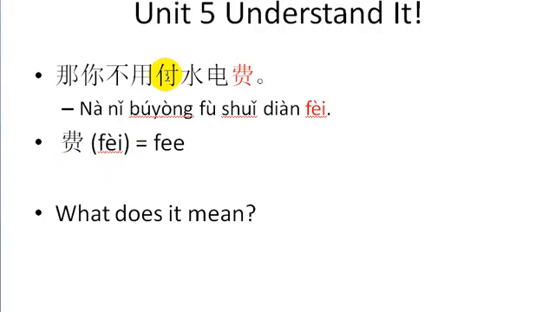So if you remember what 水 and 电 are, these are two different things. So we have the shui fei and the dian fei. So pause and write down what you think this means.